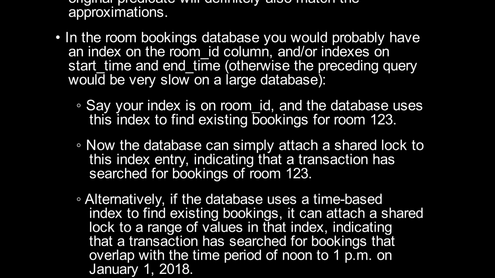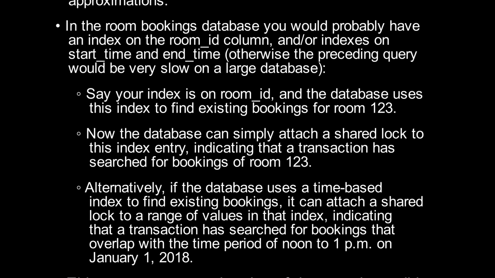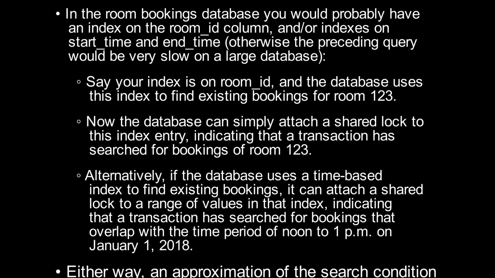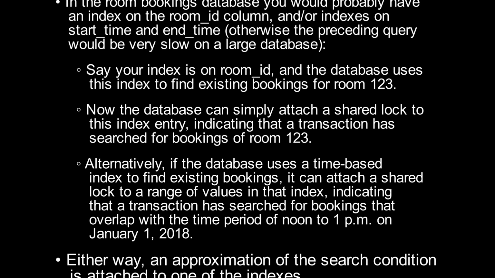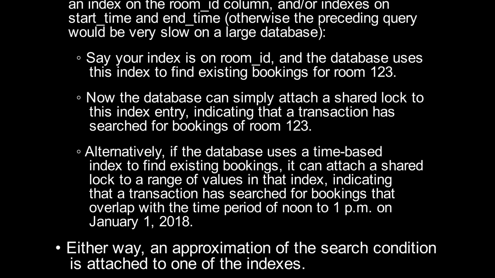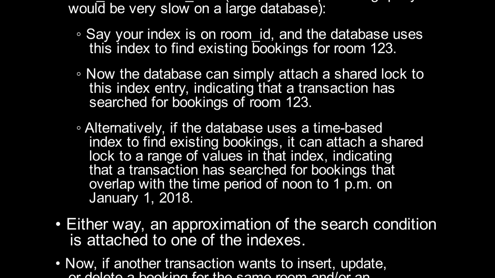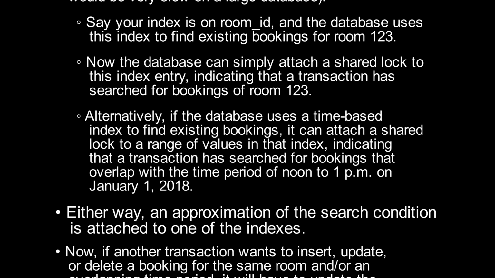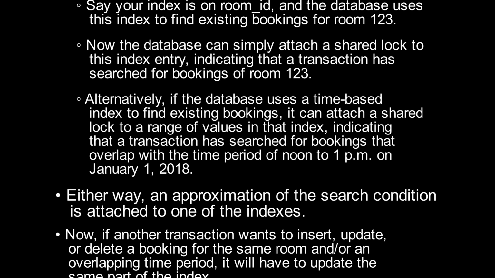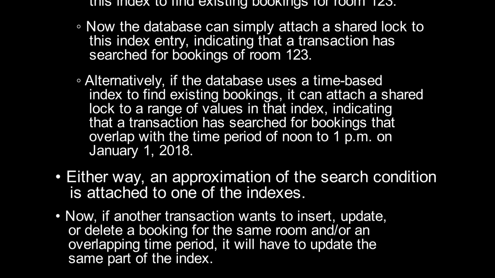Alternatively, if the database uses a time-based index to find existing bookings, it can attach a shared lock to a range of values in that index, indicating that a transaction has searched for bookings that overlap with the time period of noon to 1 p.m. on January 1, 2018. Either way, an approximation of the search condition is attached to one of the indexes.